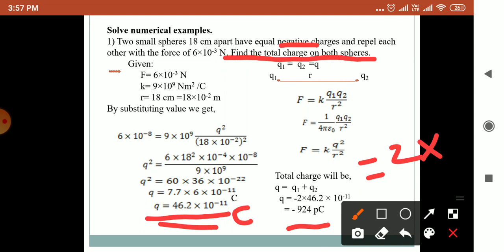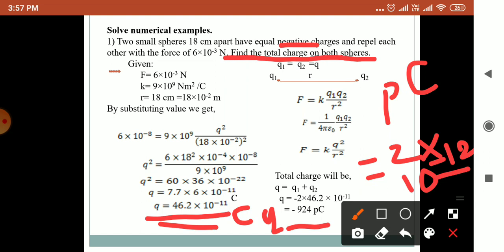So in total, by putting one decimal point to the right side, this power becomes 10 raised to minus 12. This 10 raised to minus 12 we can write as picocoulomb. So Q is equal to minus 924 picocoulomb.